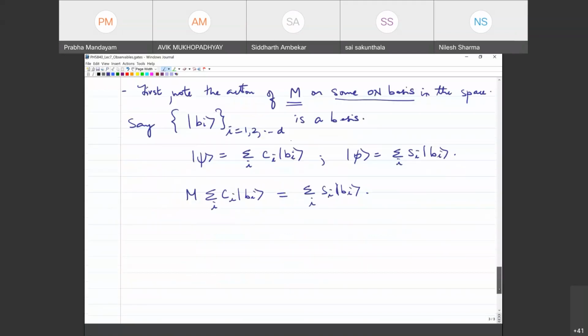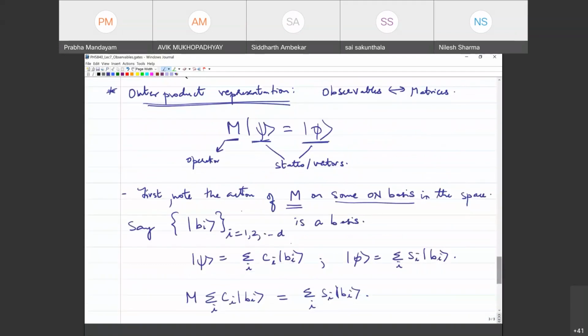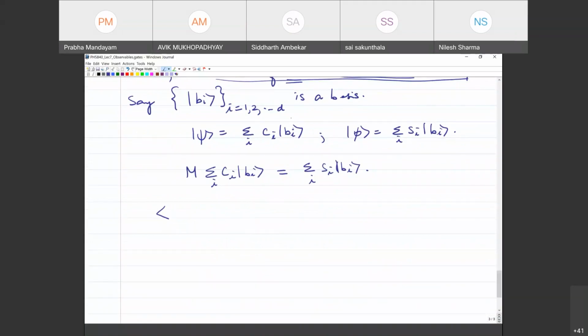Now what do I need to do? So this is what I actually need to get to, the action of M on some orthonormal basis in the space. So what do I mean by that? I need to extract out inner products of this form, right? So what is the inner product of, say, a basis element Bj with respect to M acting on Bi?